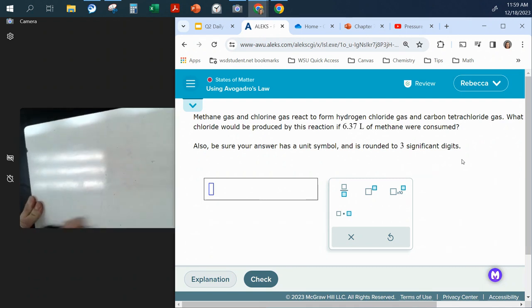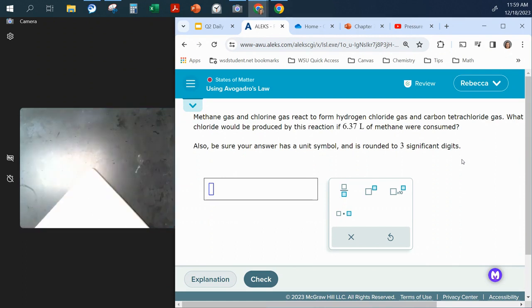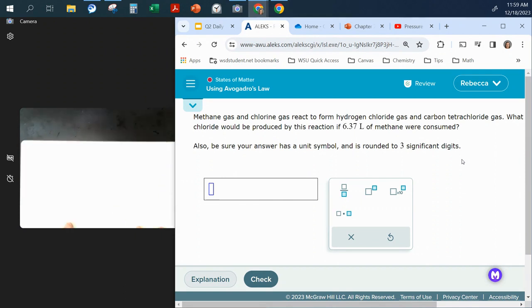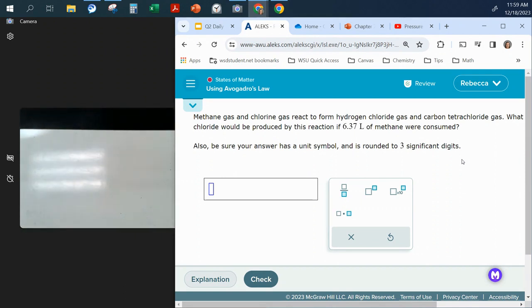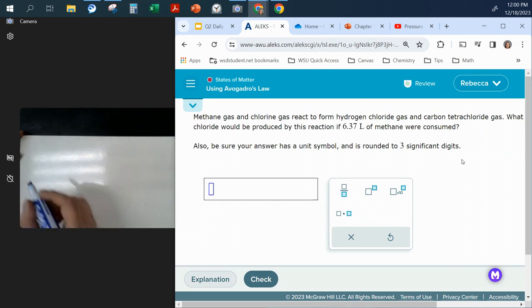Our chart should also work here. This one has an equation in it. So we have methane. Also notice, it's not telling us the formula for methane.